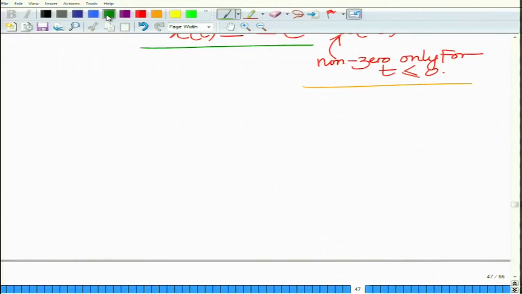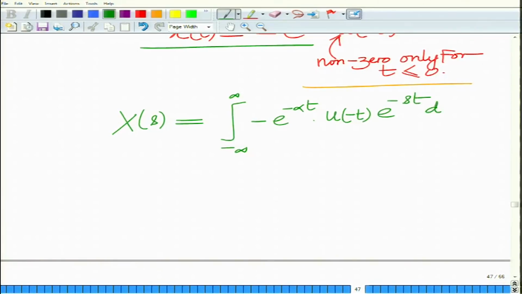Okay. Now, if you look at the Laplace transform of this signal, once again we perform the integral from minus infinity to infinity of minus e power minus alpha t u(minus t) e power minus st dt.